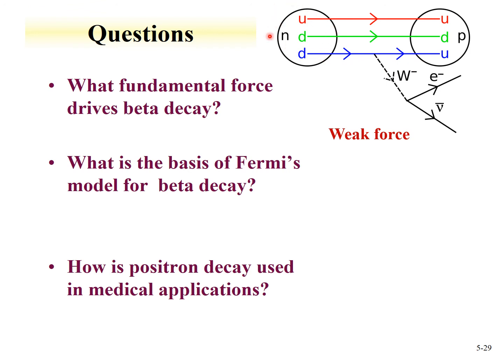So this is beta minus decay. On a subatomic level, a neutron is composed of 2 down quarks and an up quark, and during this decay, a down quark converts to an up quark, converting the neutron into a proton. That's an example of the weak force.